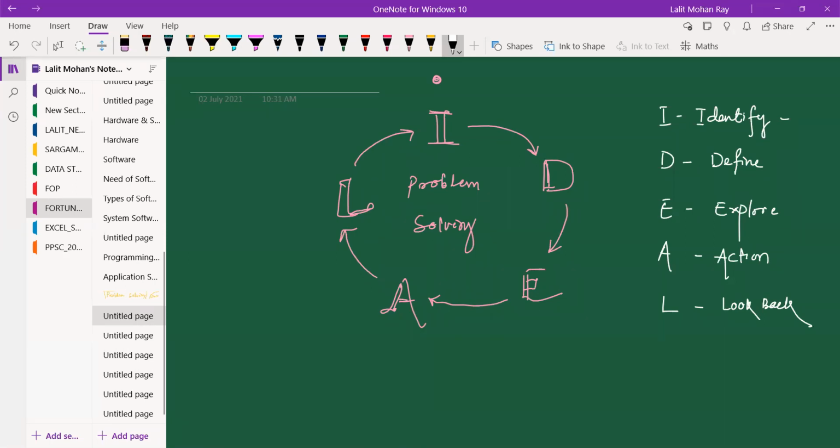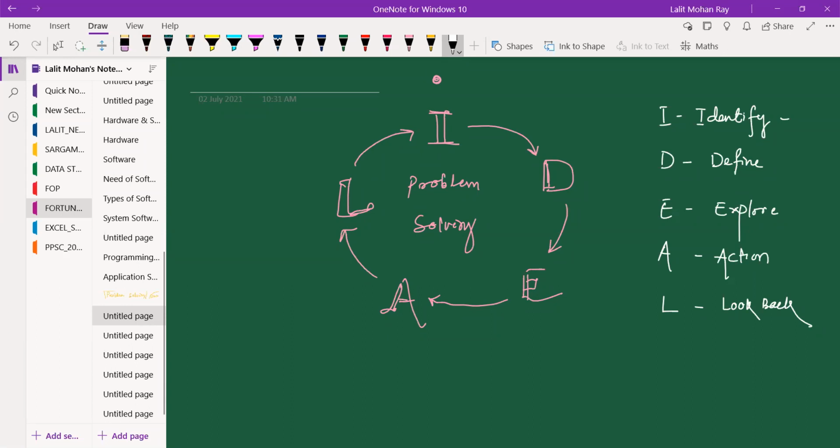Yes, sir. Then D stands for define. You have to define the context of the problem. What is this problem? You have identified it already. Then you have to define what its objective is and what the given information is, and what exactly we have to do.